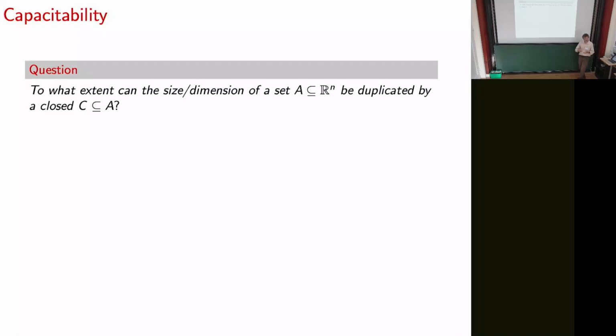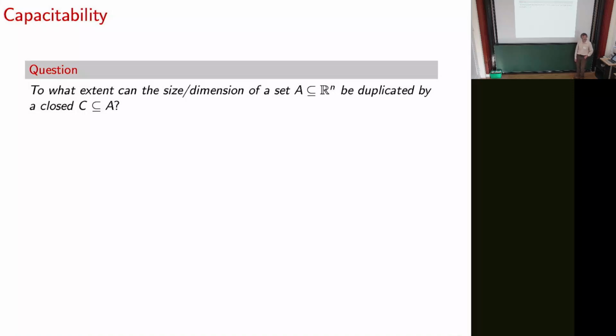How thick is it, or how well distributed is it? And the question that I want to discuss today is a question which you could view as a question of definability. You have some set, and you want to know how its size is reflected by the easily defined sets which it contains.